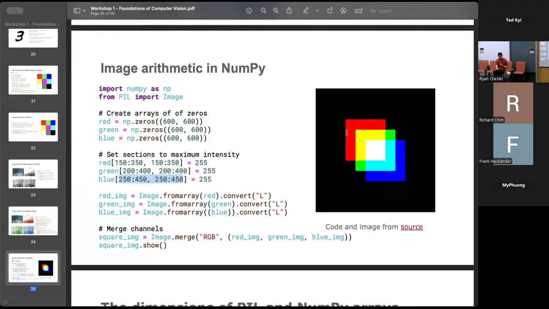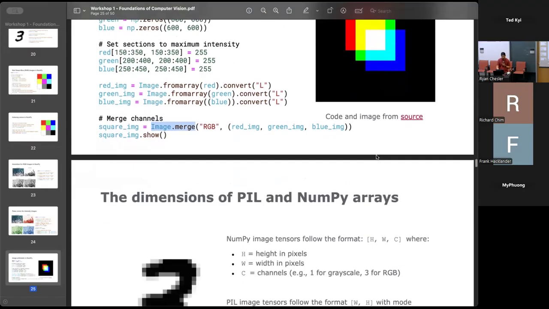That yields this overlapping region where we turned red on from this section to this section, green on from this section to that section, and blue from this section to that section. Then we see the regions where they overlap. Because we did the image merge, it's adding all of these together, and we get this blended image where we see all of the overlaps.